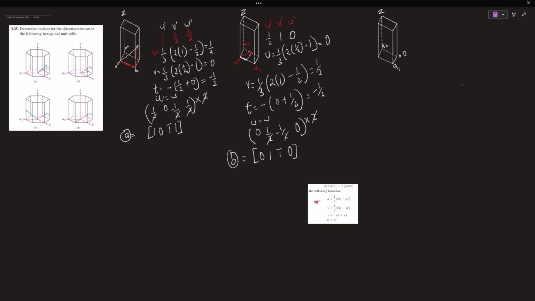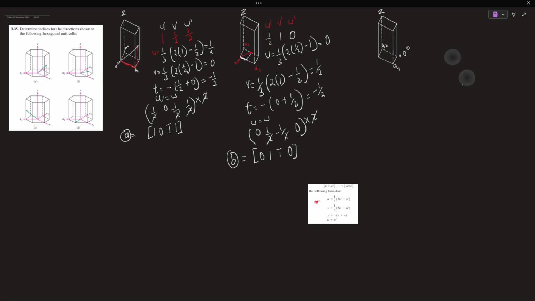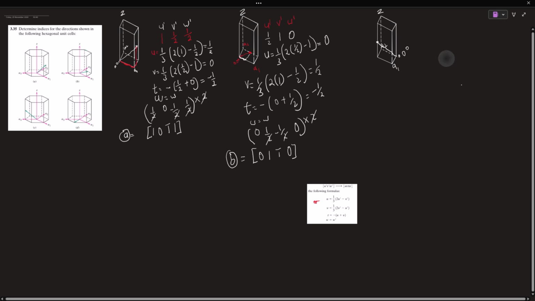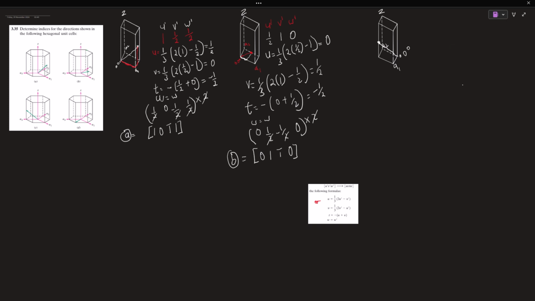Let me just trace this out well. Then our line goes upwards from the origin to half this direction. I'm just going to denote that as half. Please bear with me, I really am bad at drawing.